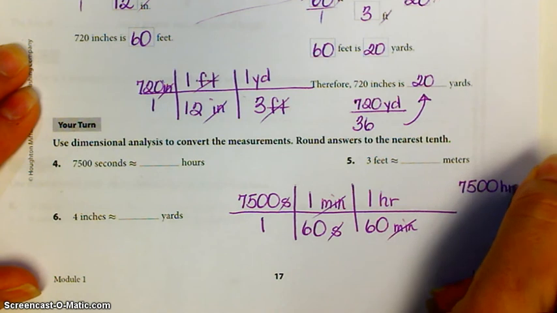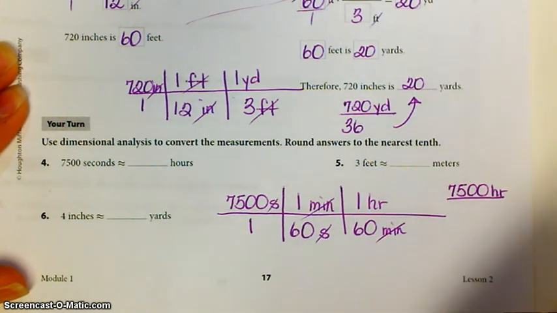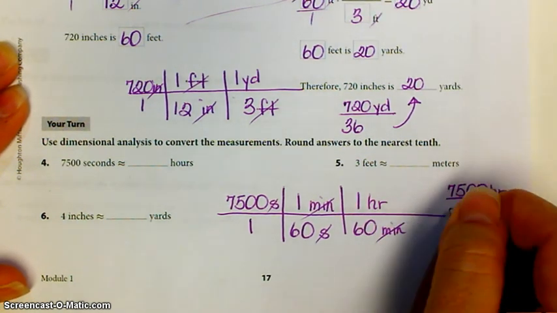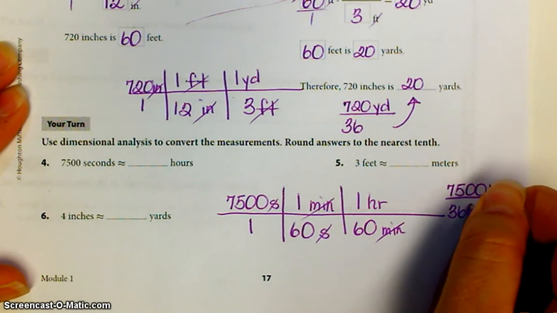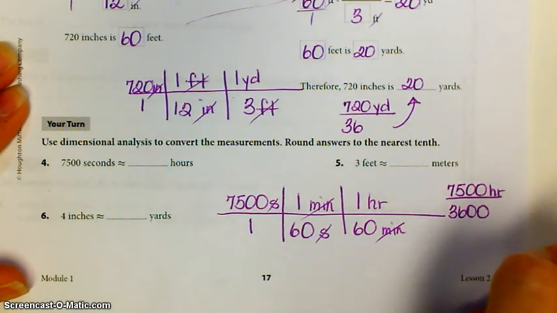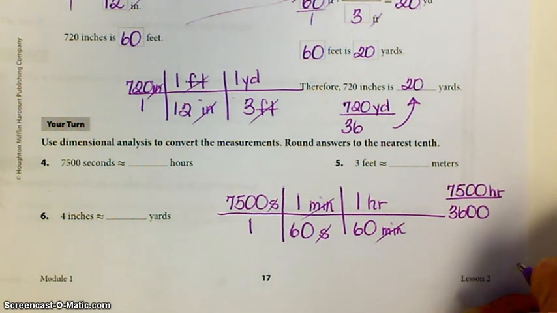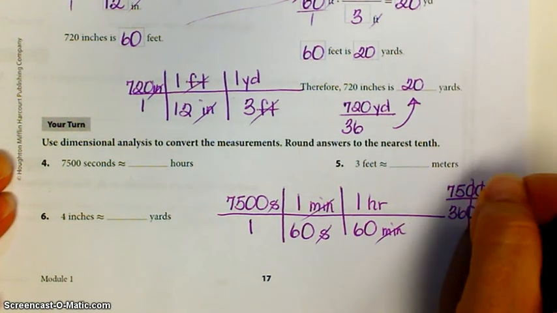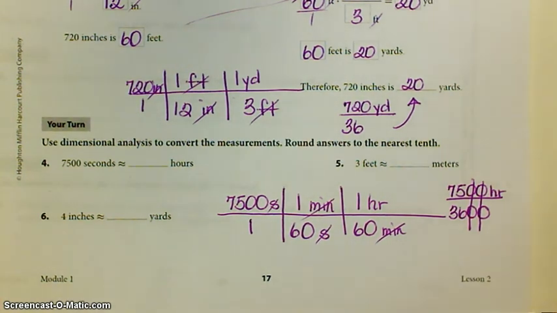And so what you wind up with is 7,500 times 1 times 1 hour, so you have 7,500 hours on top. 1 times 60 times 60 is 3,600 with no units on the bottom. And then you just do the math and you say 7,500 divided by 3,600, or just 75 divided by 36. Drum roll, please.